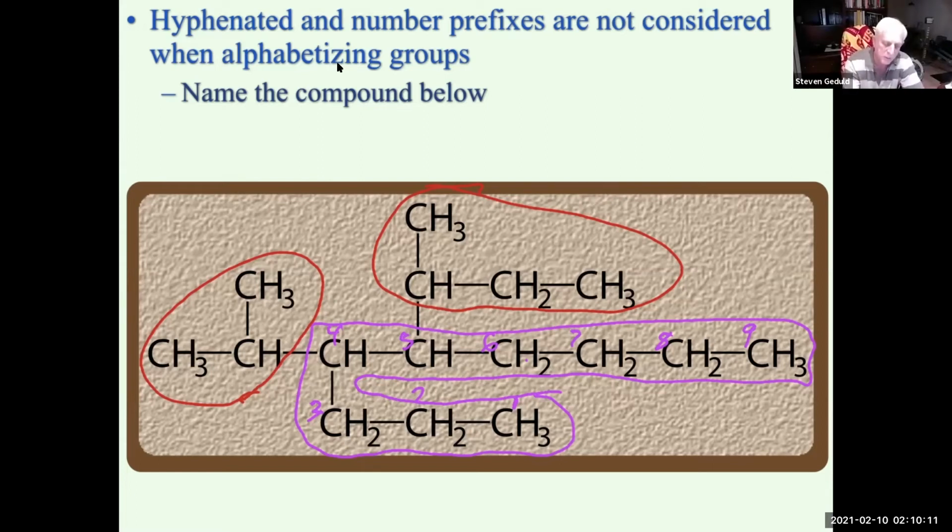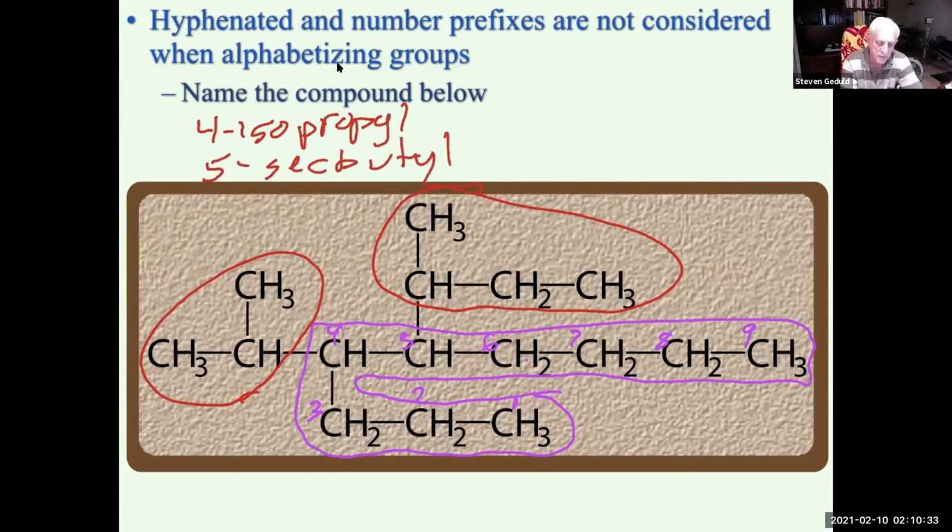So we got an isopropyl. This at number 4 is what's called isopropyl. Okay. And number 5, this was a sec-butyl group. We talked about these a little bit before as attachments. Propyl is 3 carbons.